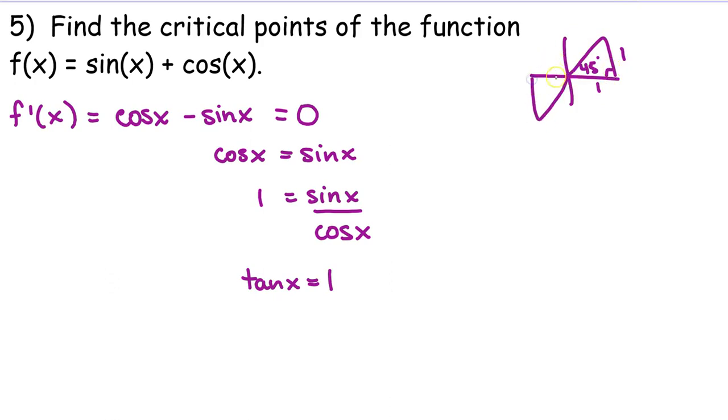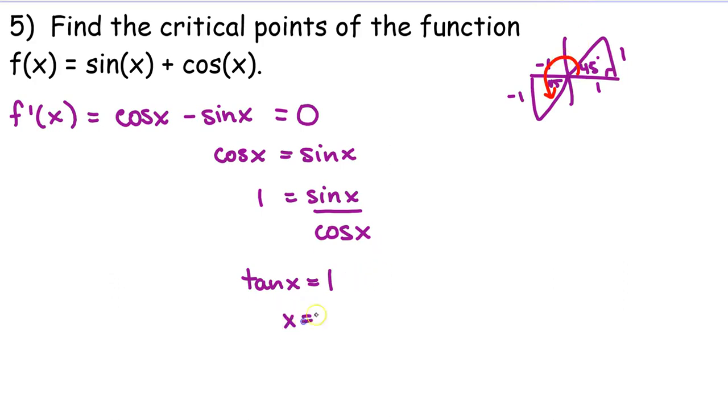Also, in the third quadrant, negative 1 over negative 1 for opposite over adjacent is also 1, so it could be 45 degrees or it could be 225 degrees. Now let's put those in radians.